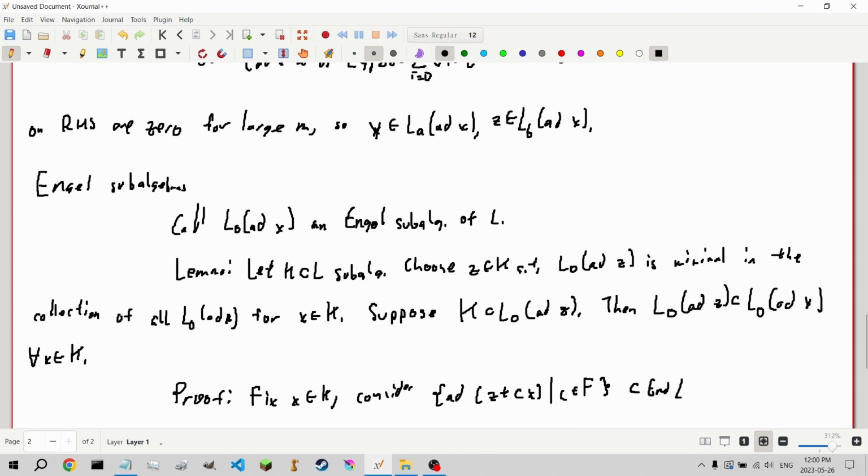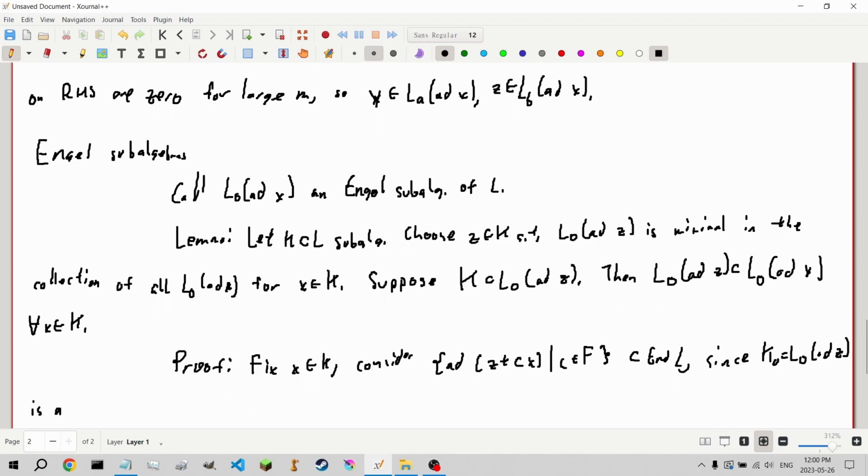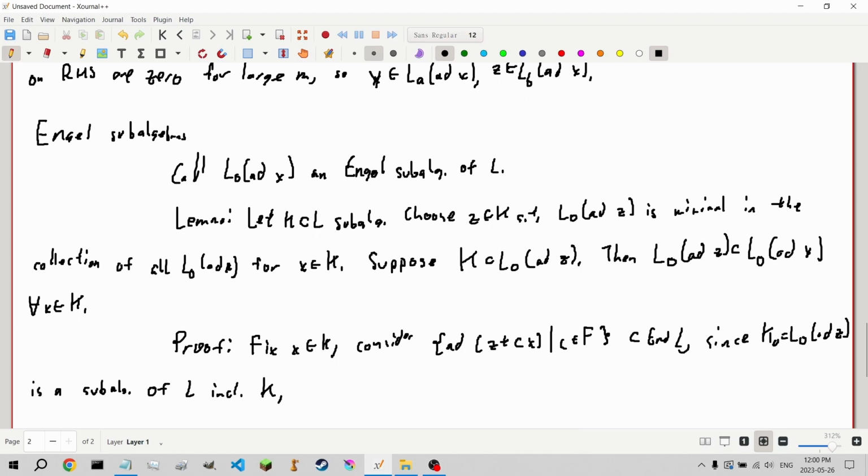Since K0, equal to L0 adjoint Z, is a subalgebra of L including K, these endomorphisms stabilize our K0, and so induce endomorphisms of L over K0.